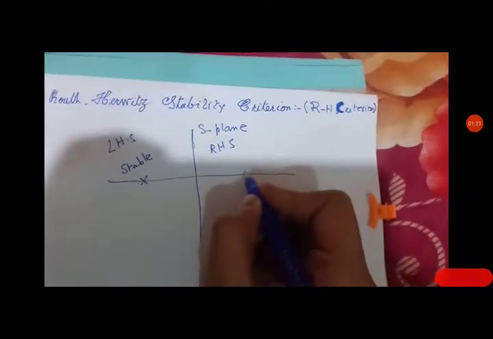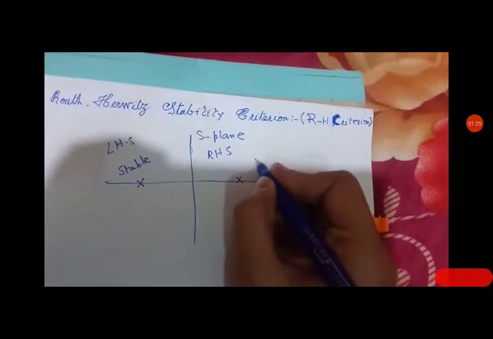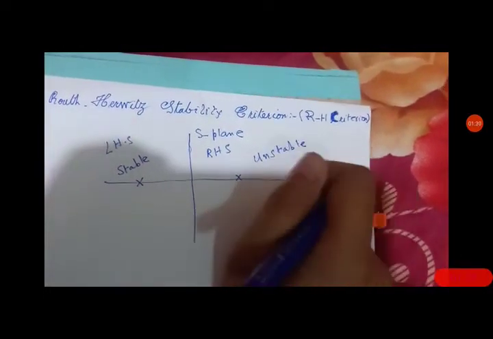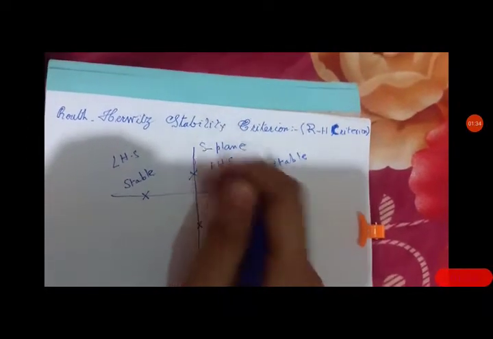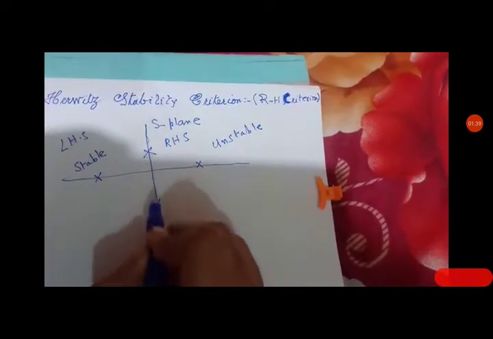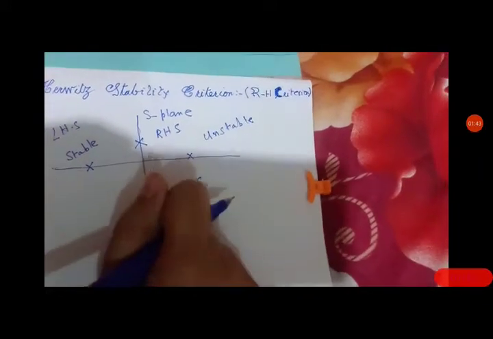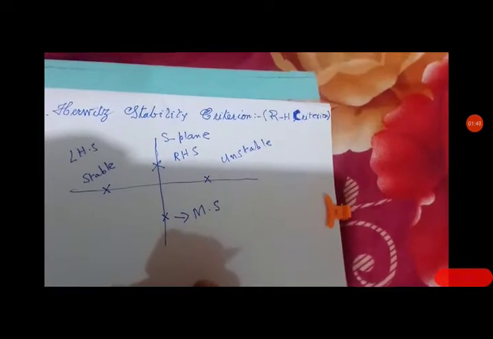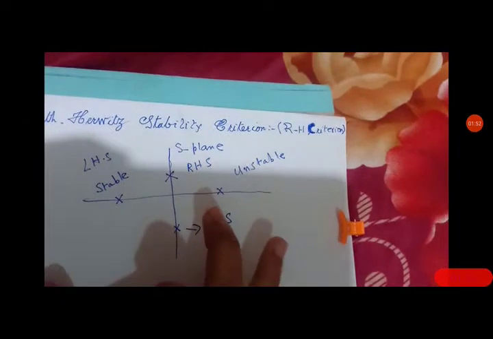But if any pole lies on the right hand side, then the system will be unstable. If poles lie on the imaginary axis, then the system will be said marginally stable. Okay, you can tell from pole location whether the system is stable or not.